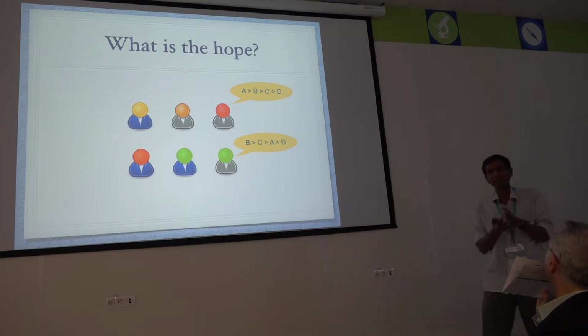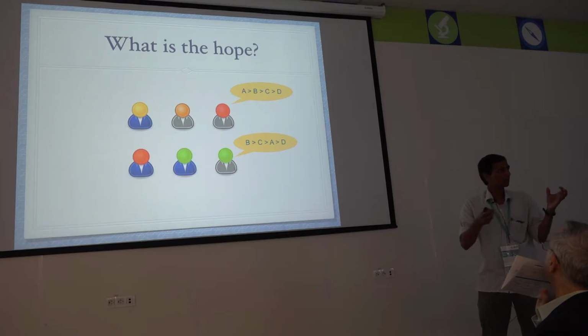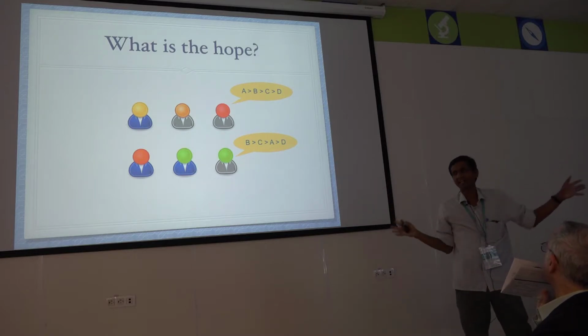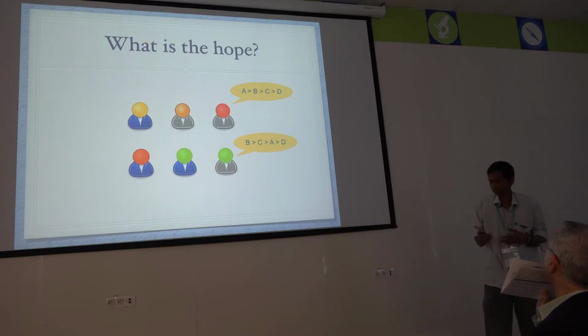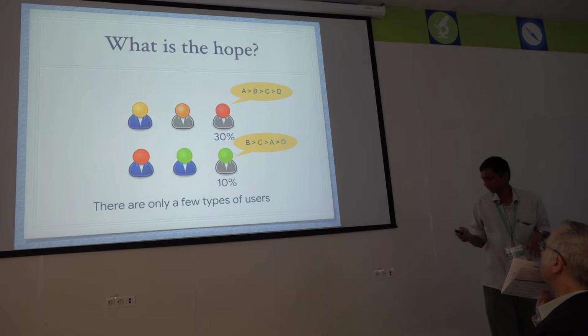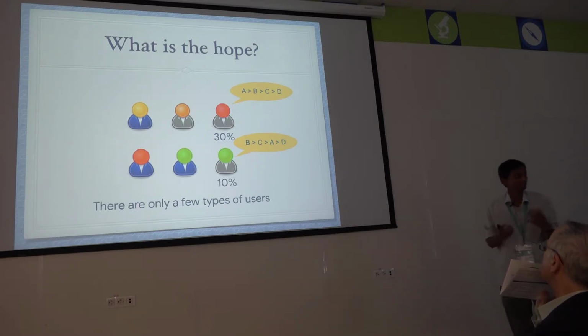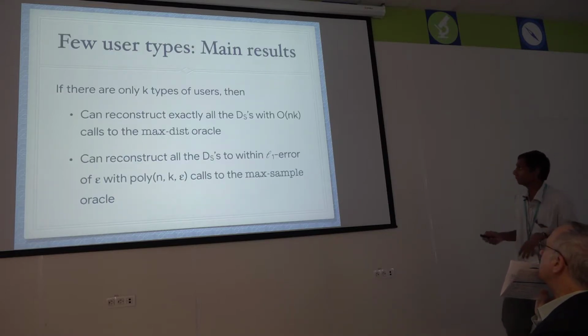Even though people individually have different tastes, probably they can be clustered into classes which have identical tastes or largely similar tastes. Okay. So the assumption that we make is there are only a few types of users. So how do we work with that assumption? Okay. So now the learning problem can become more tractable, right?